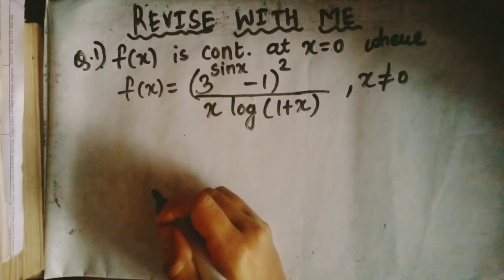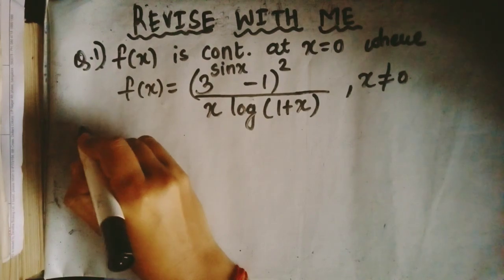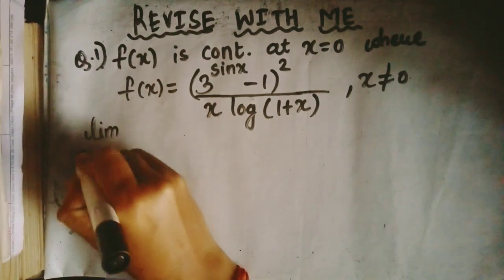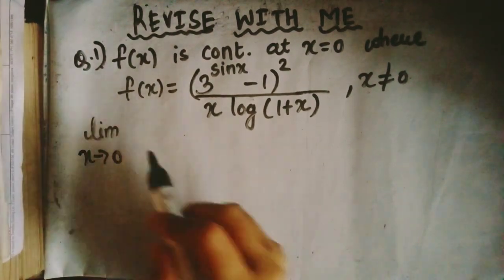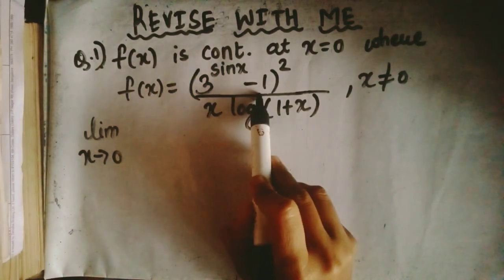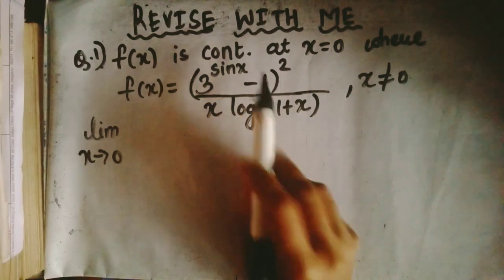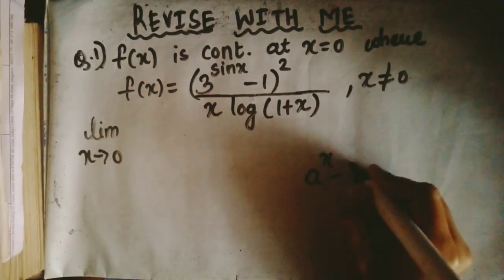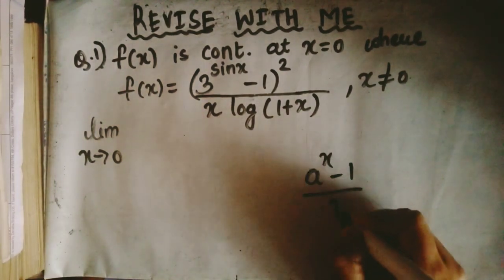Okay, so at limit x tending to 0, 3 raised to sin x minus 1. So this is the limit formula we have to apply, that is a raised to x minus 1 upon x.